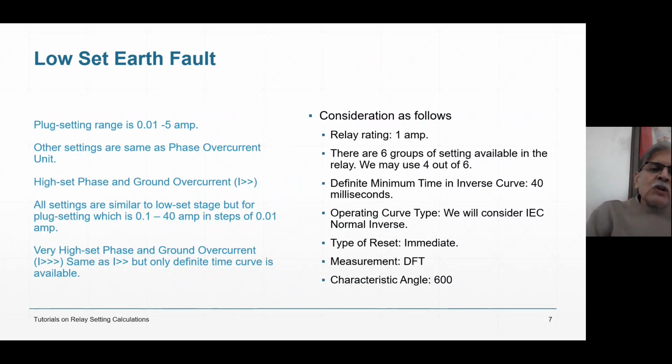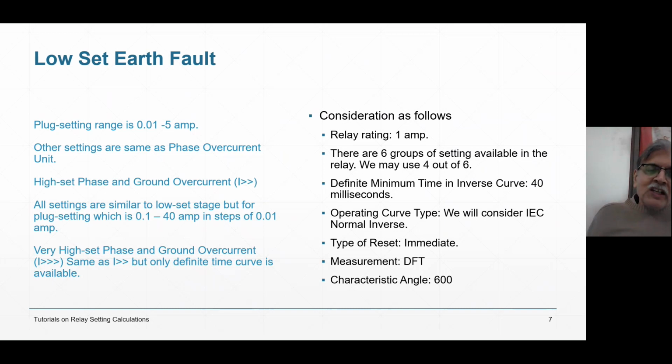Low set earth fault plug setting range is 0.01 to 5, that is 1% to 500%. The normal overcurrent phase was 0.05 to 5. This is 0.01 to 5, a little more sensitive. Obviously, earth fault requirement. Other settings are more or less same as phase overcurrent unit. Another facility is high set phase and ground overcurrent, I double greater than.